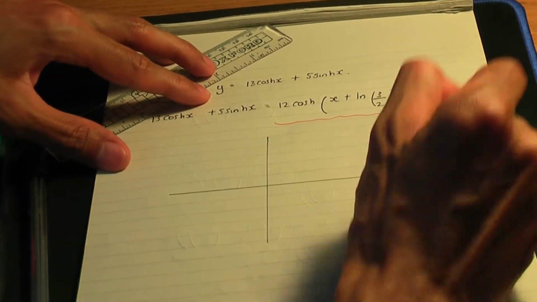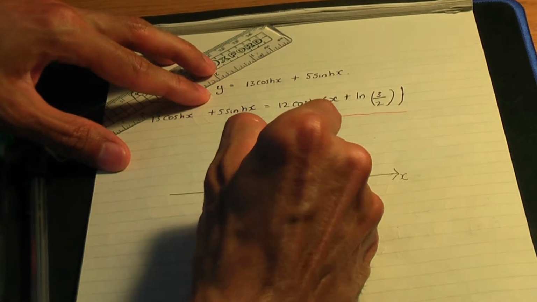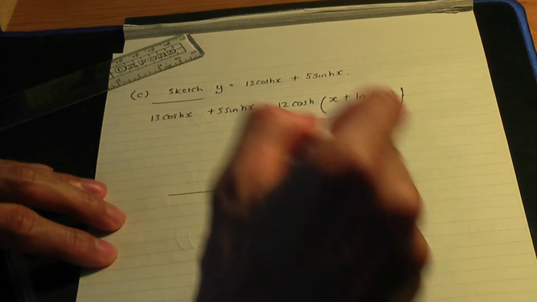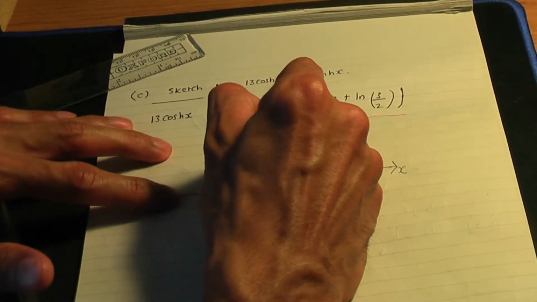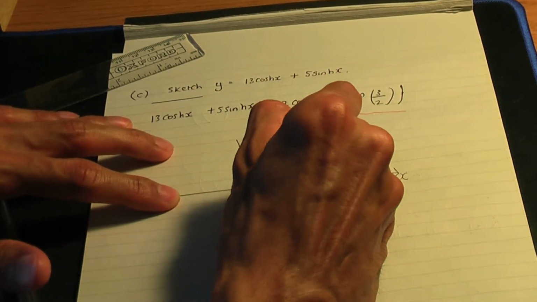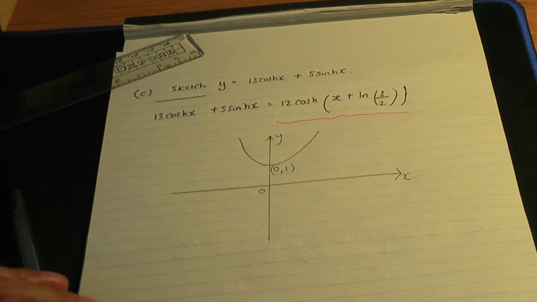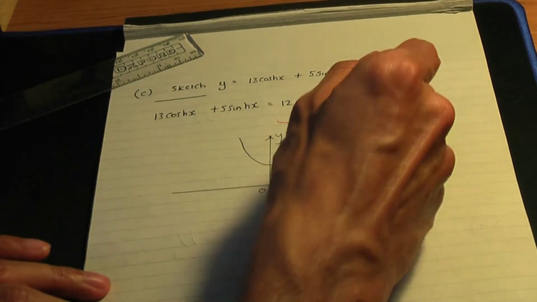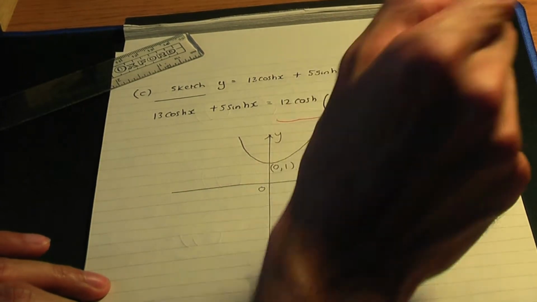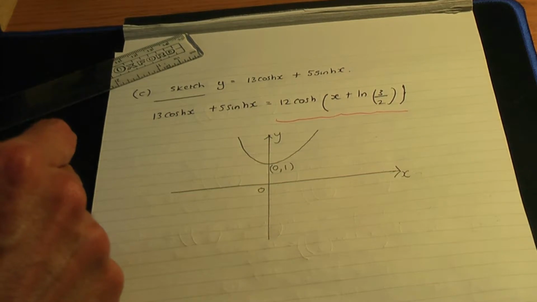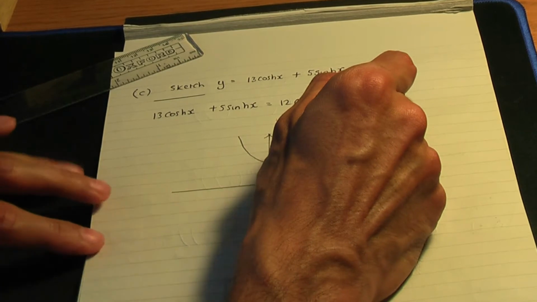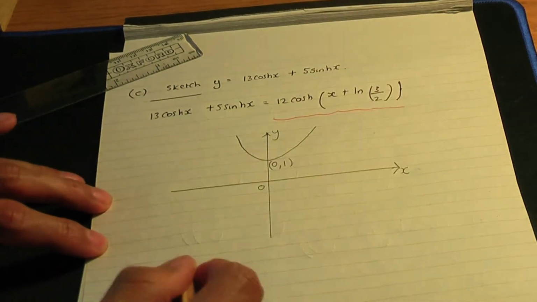If this is my x and y axis, and this is the origin, remember the sketch of hyperbolic cos x. Hyperbolic cos x is a curve of this form, which crosses the y-axis at 0 and 1. First of all, remember, the plus ln 3/2 is a horizontal shift, and plus means a movement to the left-hand side, so it's a horizontal shift to the left by ln 3/2 units.